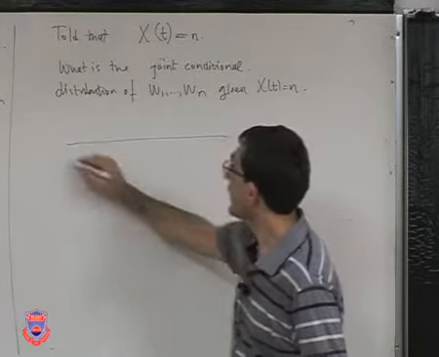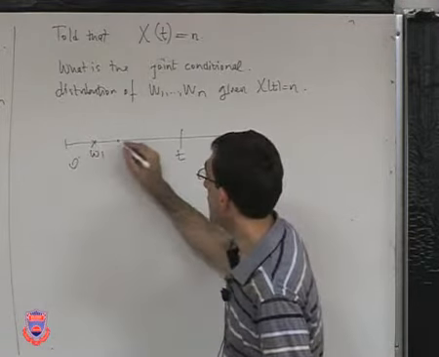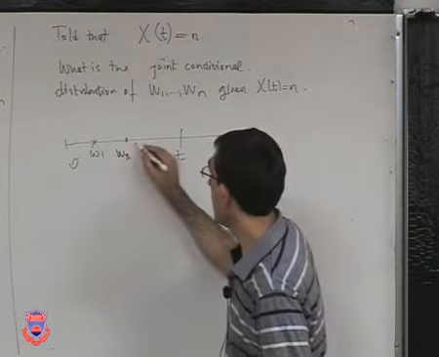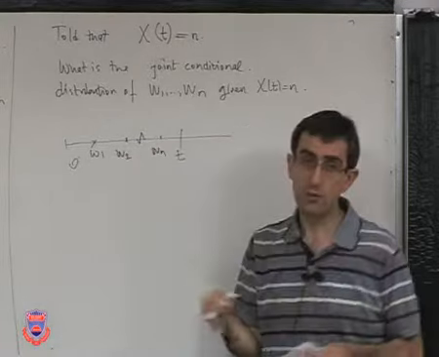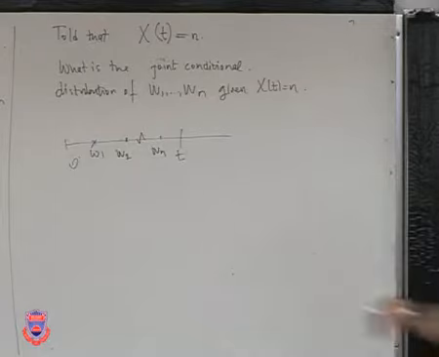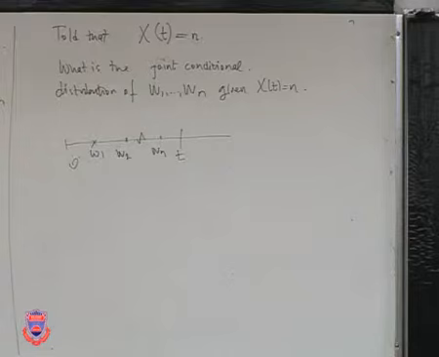So I have time t somewhere here, and on a particular realization you have something like this. You want to know the distribution or the likelihood that these n random variables are in the neighborhood of some fixed numbers in the interval from 0 to t.